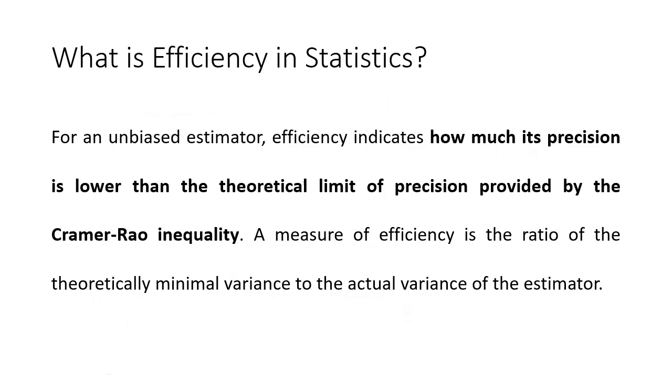Typically, by the definition of efficiency, for an unbiased estimator, efficiency indicates how much its precision is lower than the theoretical limit of precision provided by the Cramér-Rao inequality.